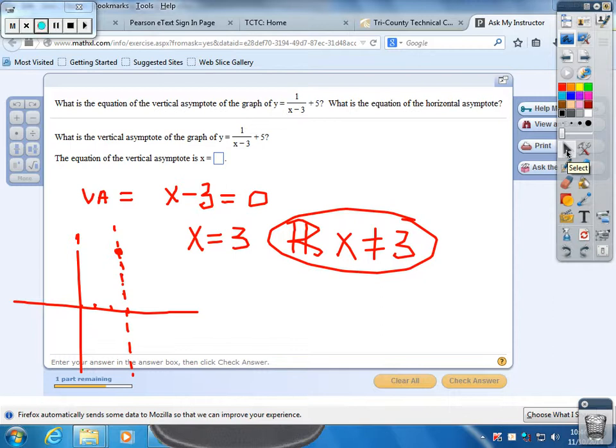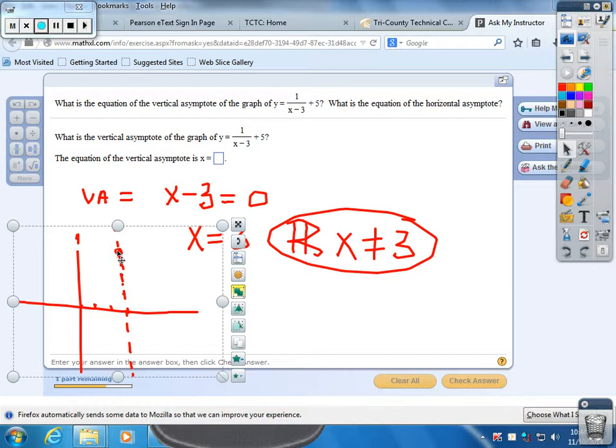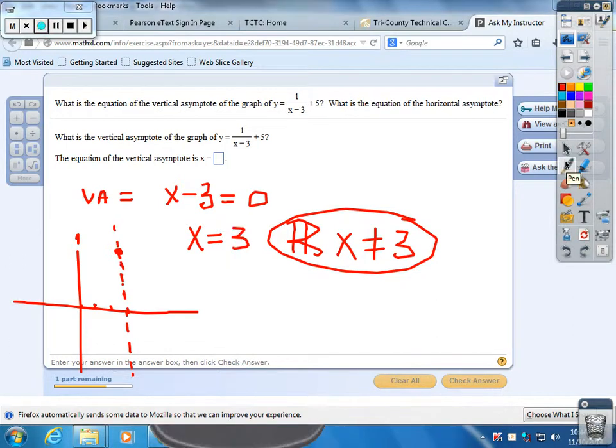But what's the horizontal asymptote? It's y equals 5, because this point right here is at 5, and this point takes up the new origin. Now, the degree of the numerator is x to the 0, and the degree of the denominator is x to the first.